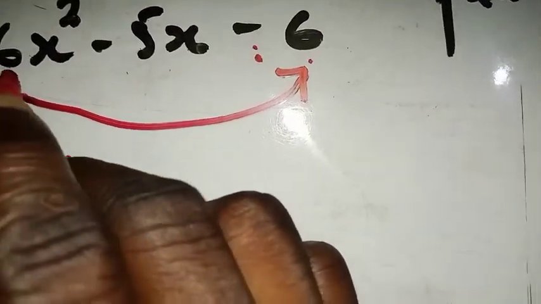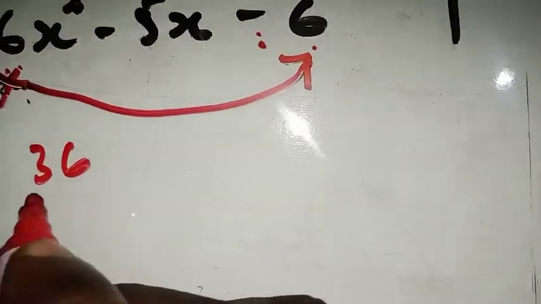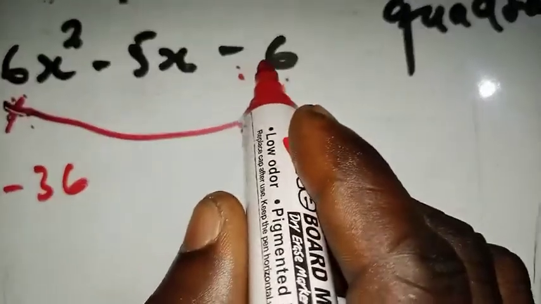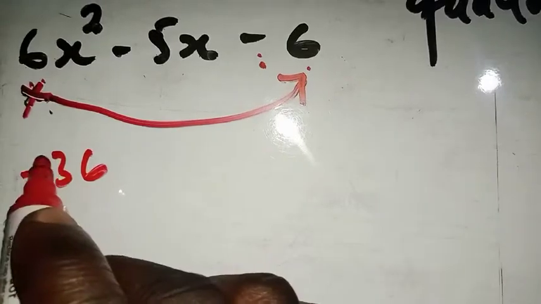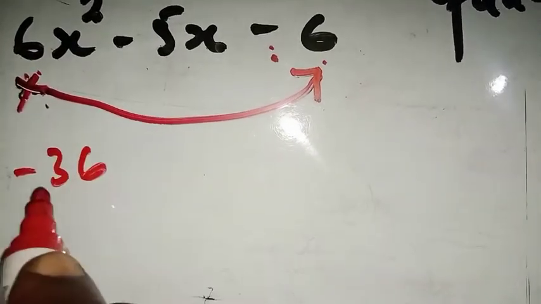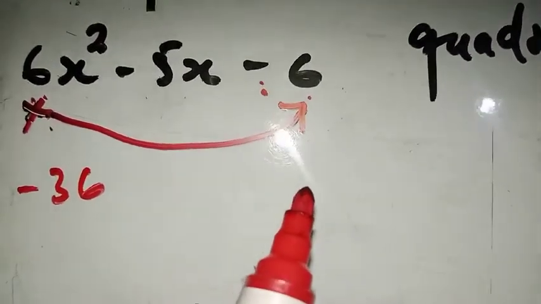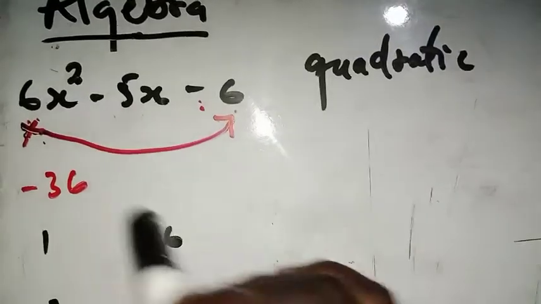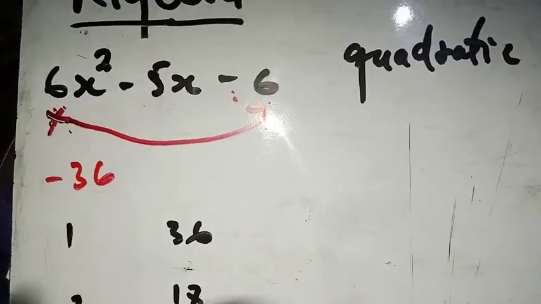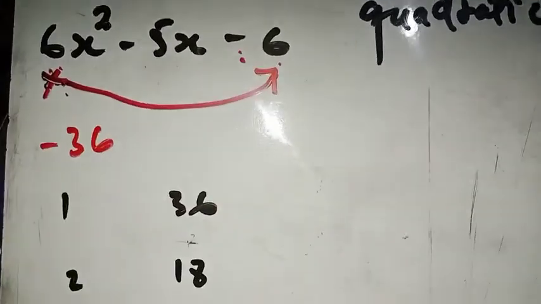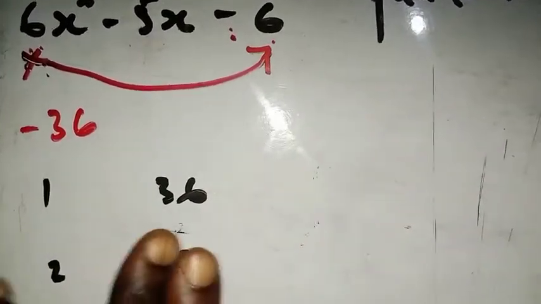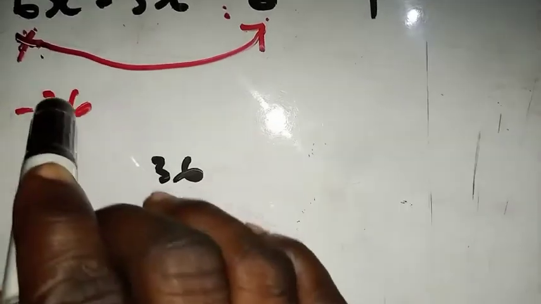After this multiplication, you are going to have negative 36, of course, because there's a negative number. After this multiplication, you are going to find the factors of this number. What I mean by the factors here is: what are the two numbers that, if you multiply, you are going to get 36?